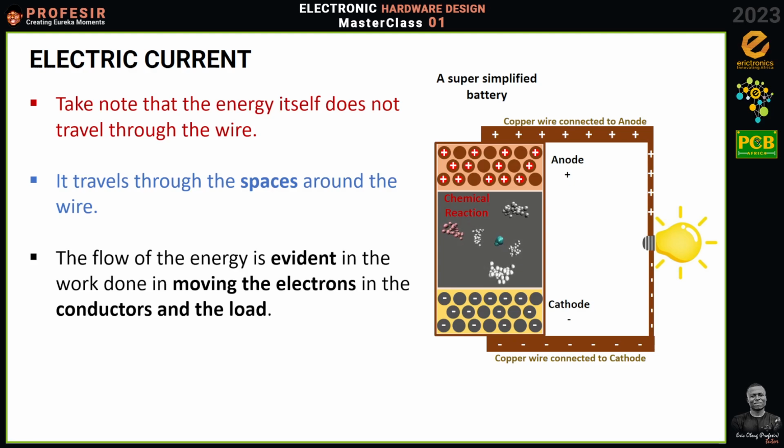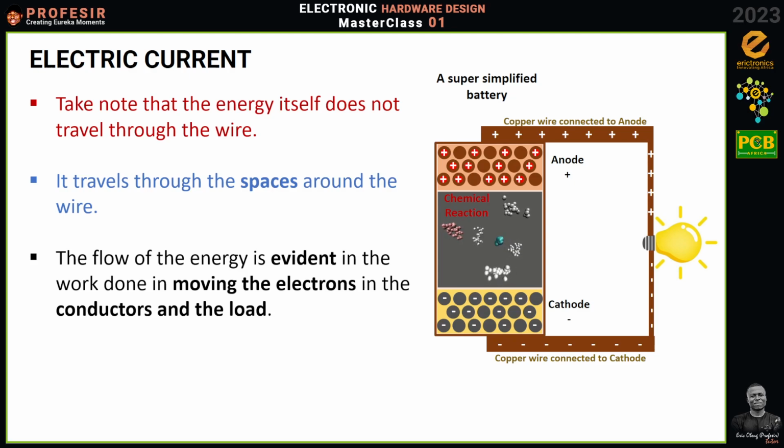Now in case you doubt this, when we take 1 mole of a substance, according to chemistry, it contains 6.02 times 10 raised to the power 23 particles. If we take 1 mole of copper, each copper atom would have an extra electron in its valence band.